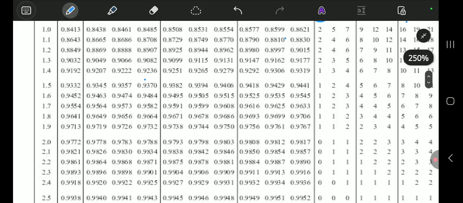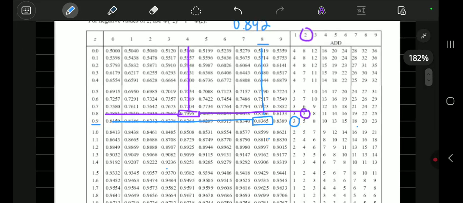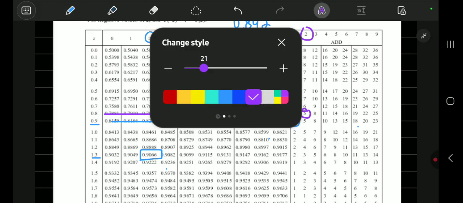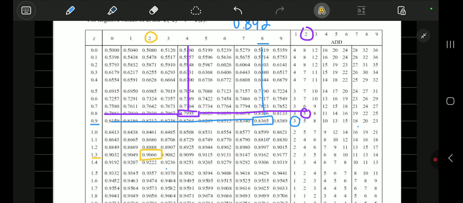So 1.3 coinciding with 2 is this, 9066. So this is your 1.32, and where is your 1? This is your 1 coinciding here.